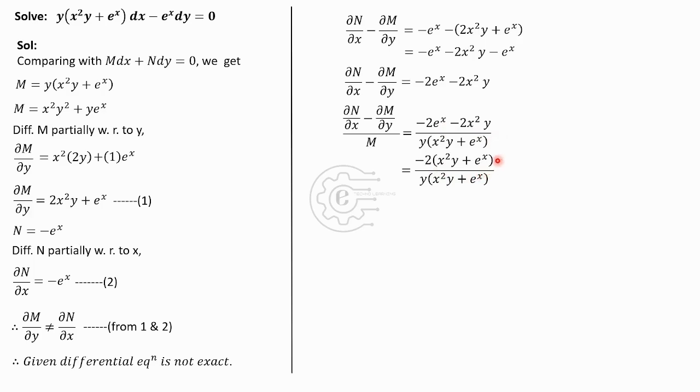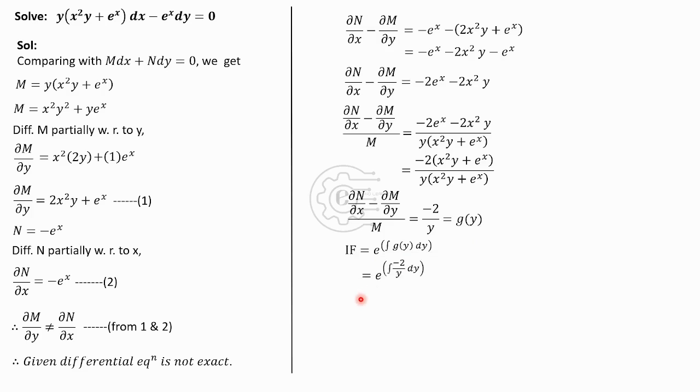So from numerator and denominator this bracket will get cancelled, तो हमें यहाँ पे मिलेगा −2/y. That means this ratio is a function of y. Therefore in this case the integrating factor is given by e raised to integration of g(y) dy. Let us substitute the value of g(y).